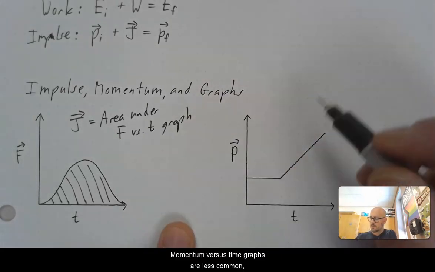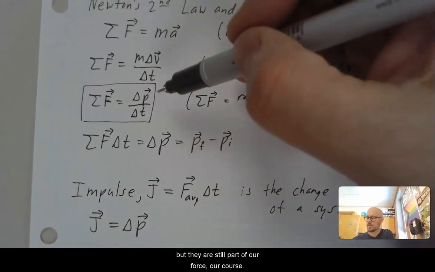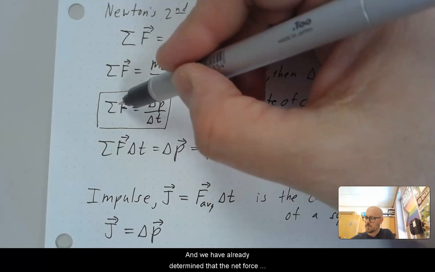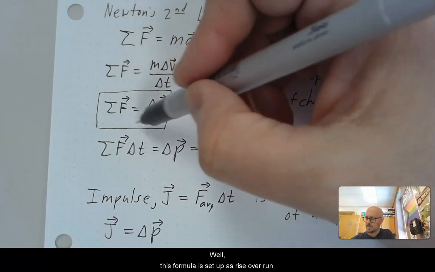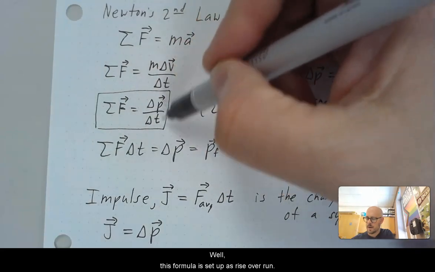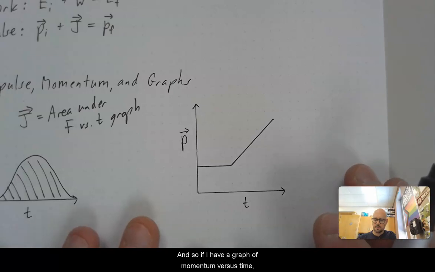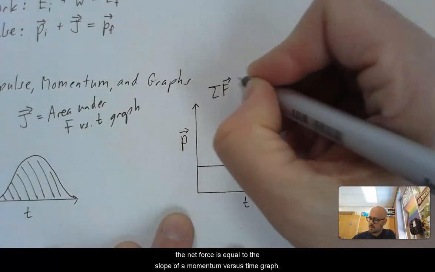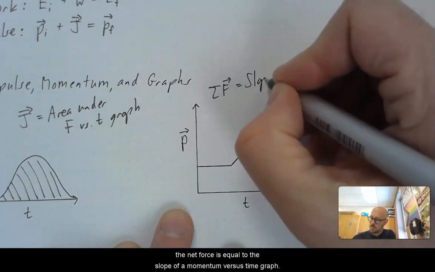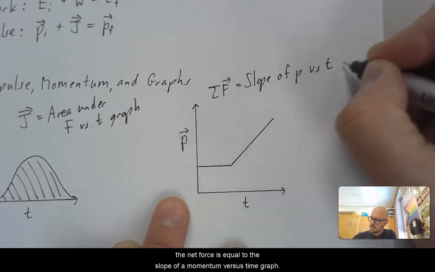Momentum versus time graphs are less common, but they are still part of our course. And we have already determined that the net force is the rate of change in momentum. Well, this formula is set up as rise over run. And so if I have a graph of momentum versus time, the net force is equal to the slope of a momentum versus time graph.